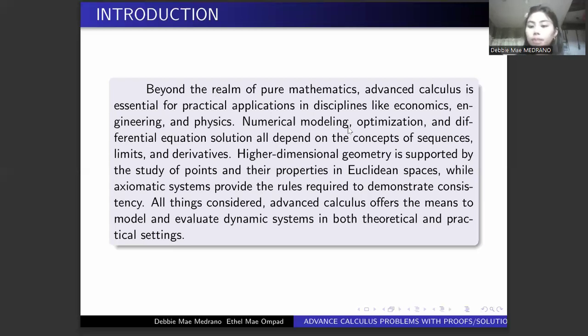Numerical modeling, optimization, and differential equation solution all depend on the concepts of sequences, limits, and derivatives. Higher dimensional geometry is supported by the study of points and their properties in Euclidean spaces, while axiomatic systems provide the rules required to demonstrate consistency. All things considered, advanced calculus offers the means to model and evaluate dynamic systems in both theoretical and practical settings.